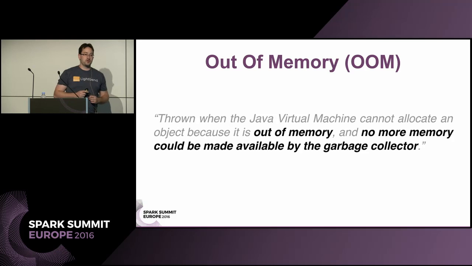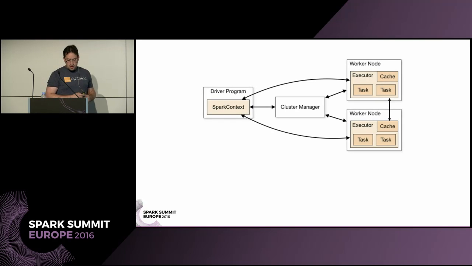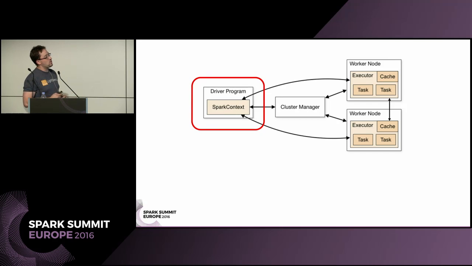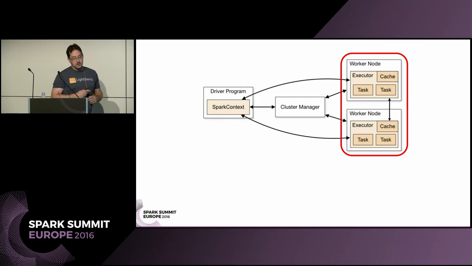So it could be a GC thing also. So we've got a simplistic view of our Spark architecture here. And within the out-of-memory realm, out-of-memory could happen within your driver, or it could happen within your executors.